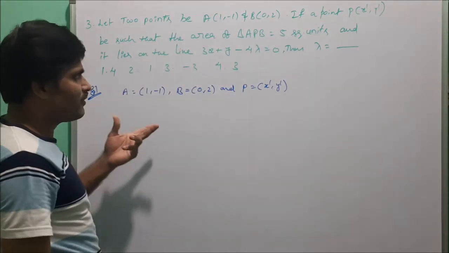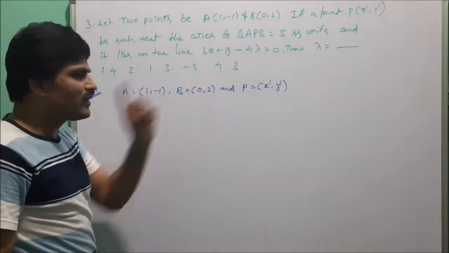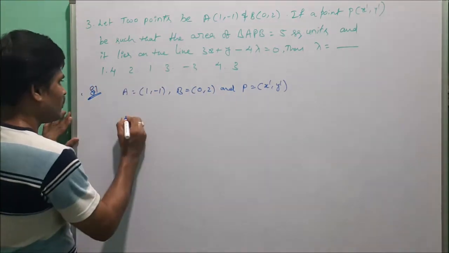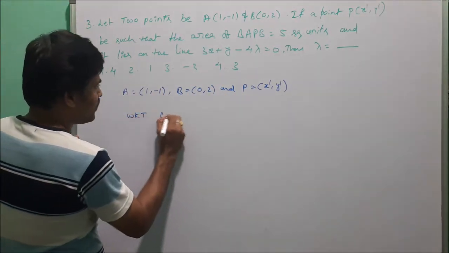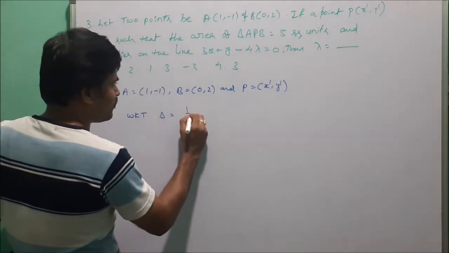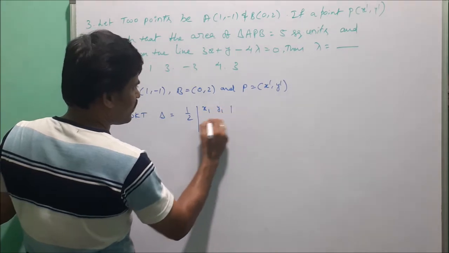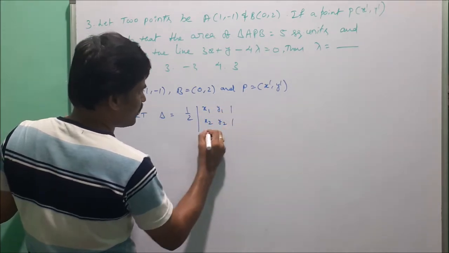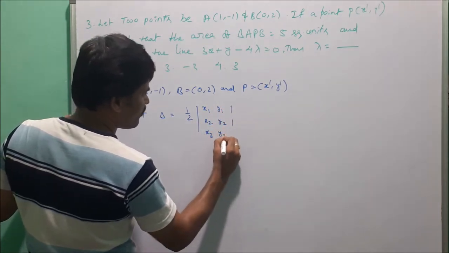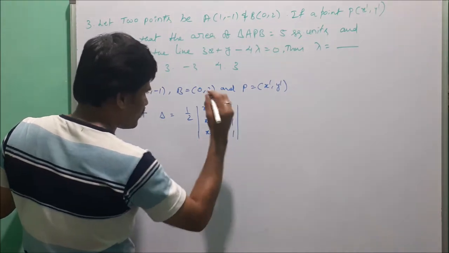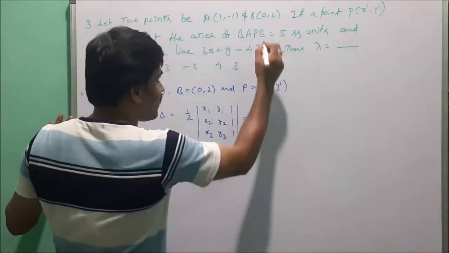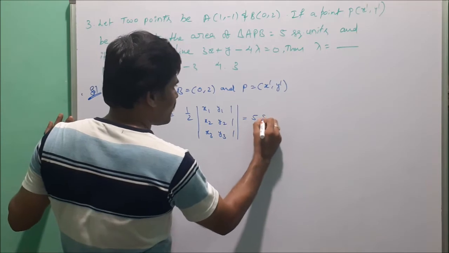So first we find the area of the triangle using the given three points. We know the area of the triangle, delta, equals 1 by 2 mod of the determinant x1 y1 1, x2 y2 1, x3 y3 1. This value is already given, now equating to 5 square units.